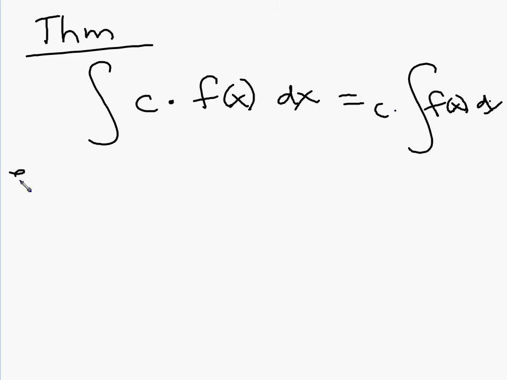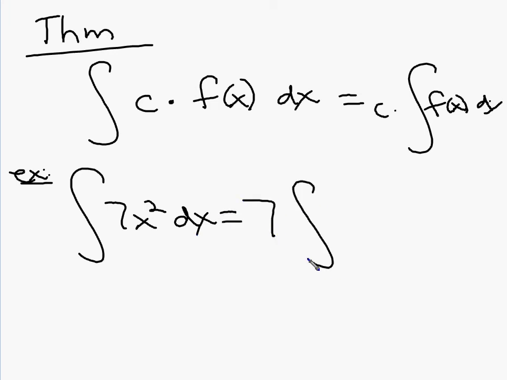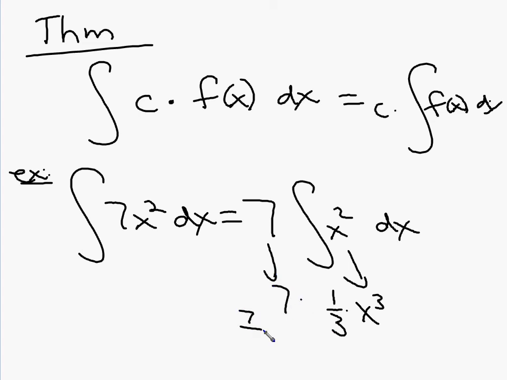So for example, if I had the integral of 7x squared dx, all I have to do is pull the 7 out in front. 7 times the integral of x squared dx. And find the antiderivative, and then multiply it by 7. So isn't this going to be x cubed times 1/3? And then I have to just multiply it by 7. So it would be 7/3 x cubed plus c.